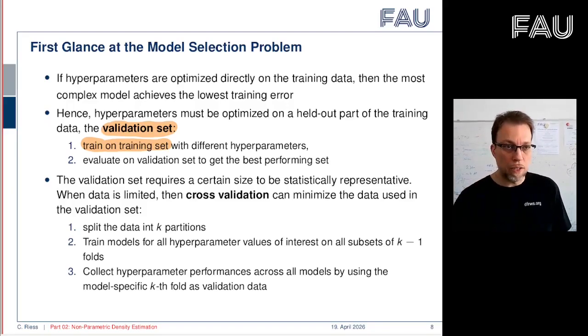For our Parzen window estimators, for example, this would mean you use different values of the window size: h equals 1, h equals 2, h equals 3.